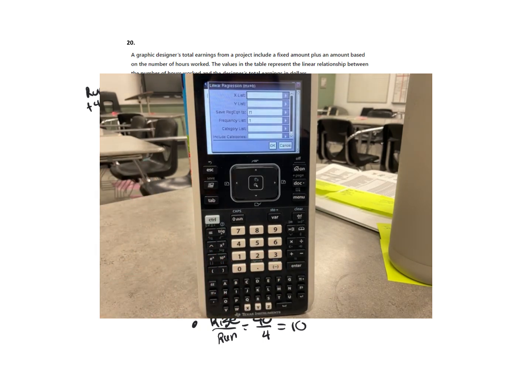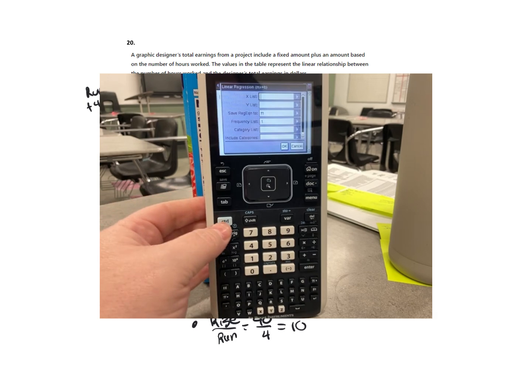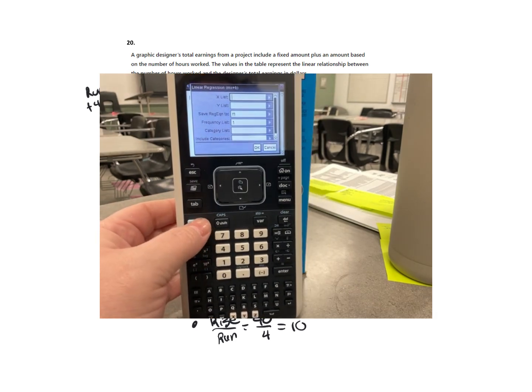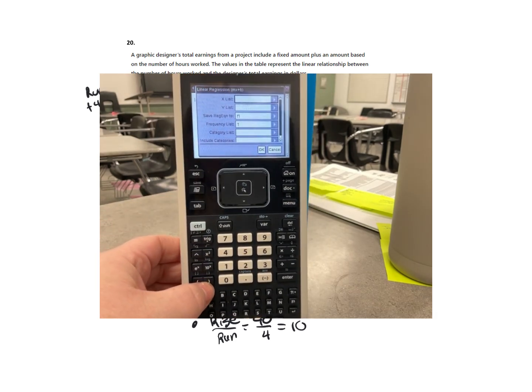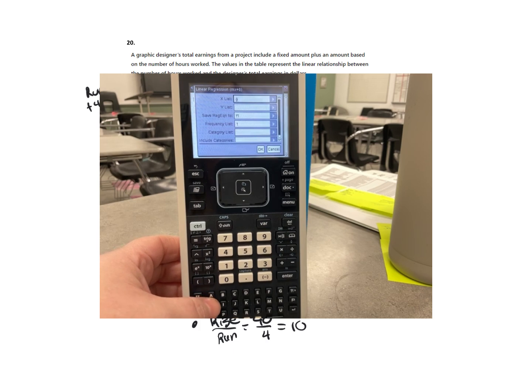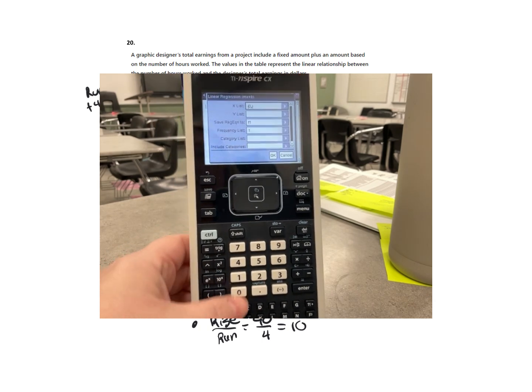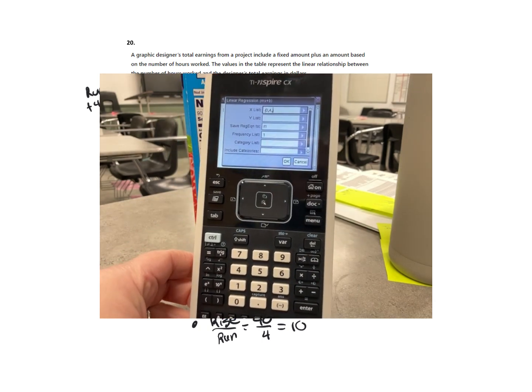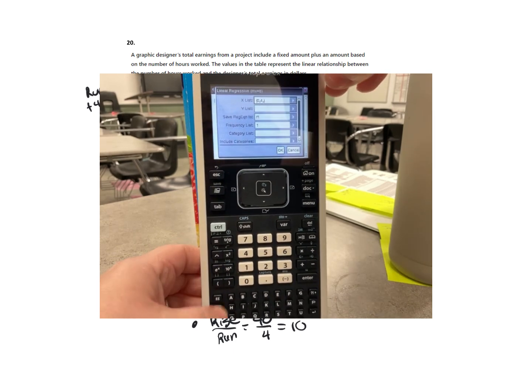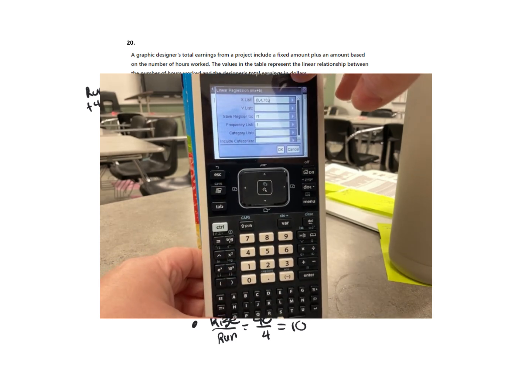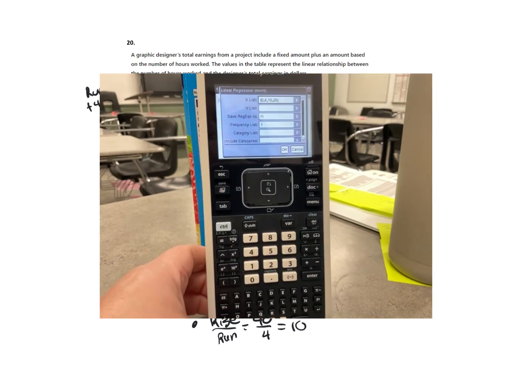In the X list, remember you have to put those curly brackets. So you press your colored button, mine's blue, yours might be yellow, but control, and then down here next to the 0, you'll get the curly brackets. And then in the X list, you're going to list the X in order, just like it is in your list. So you're going to put 0, comma, 4, comma, 10, comma, 20.